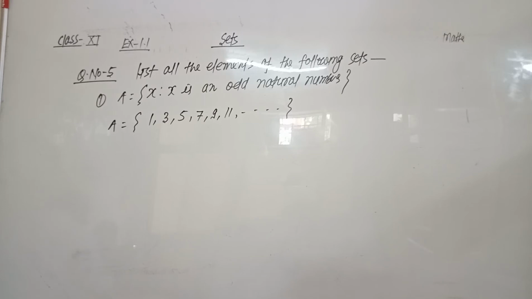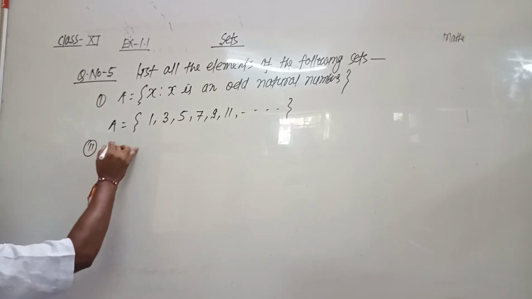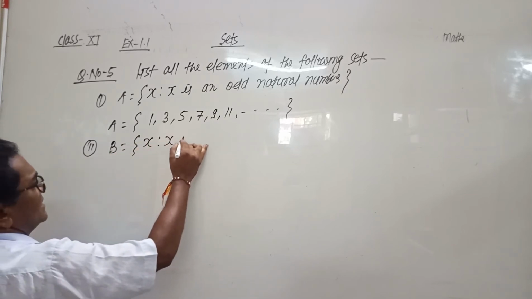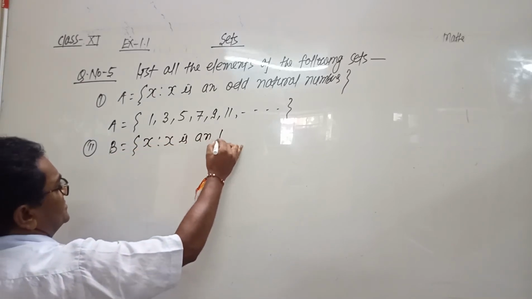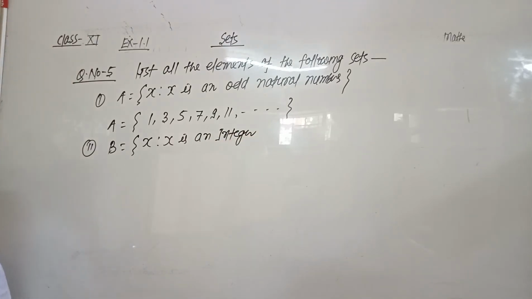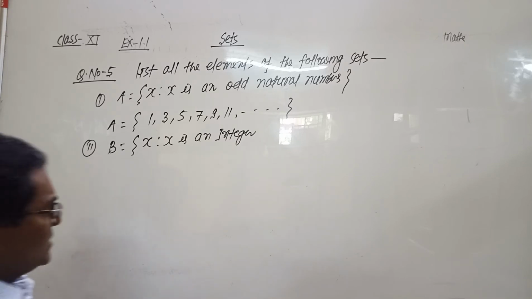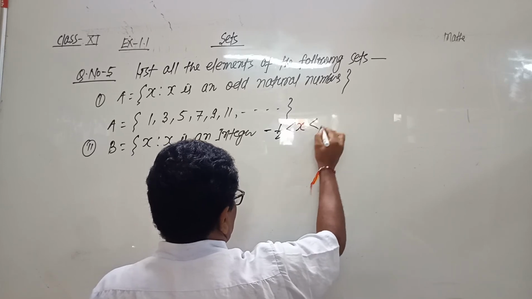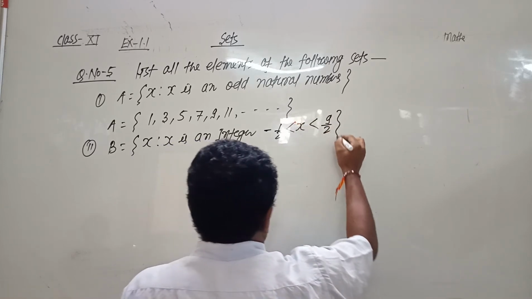Next is B equals {x such that x is an integer and minus 1/2 is less than x, less than 9/2}.